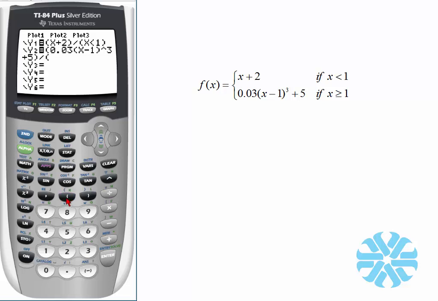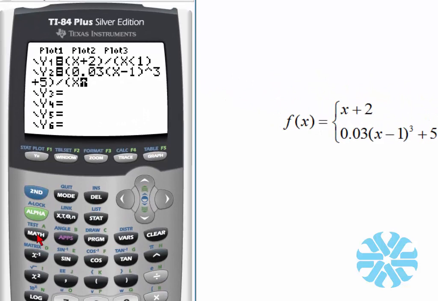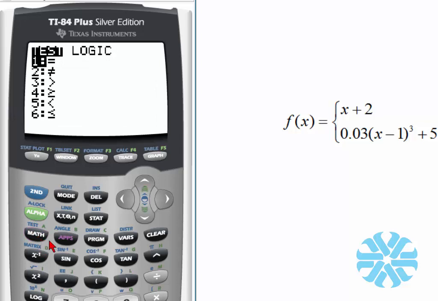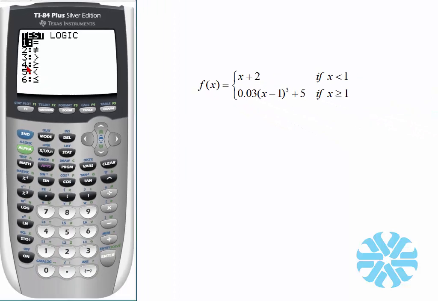So now we'll enter in the interval, and that says when x is greater than or equal to 1. So we need to go to second function again, and then the math button, which operates the test symbols. So we want greater than or equal to, and that is number 4.